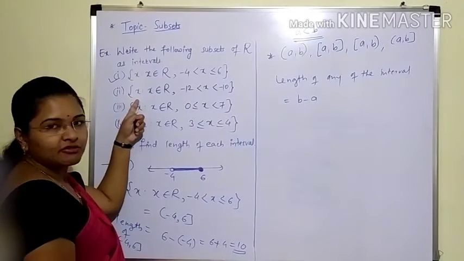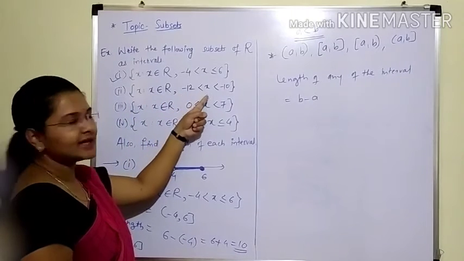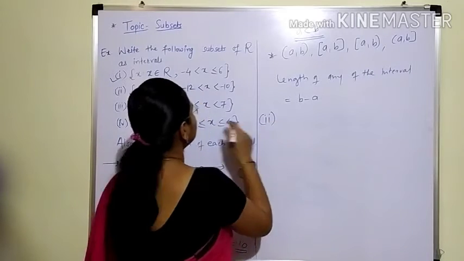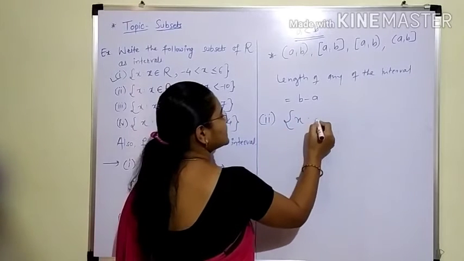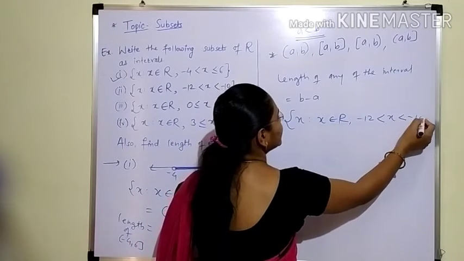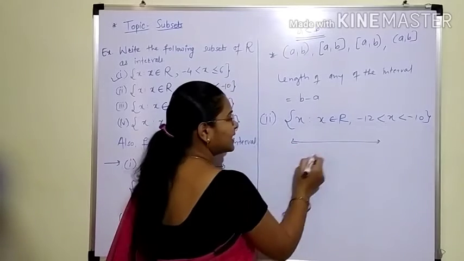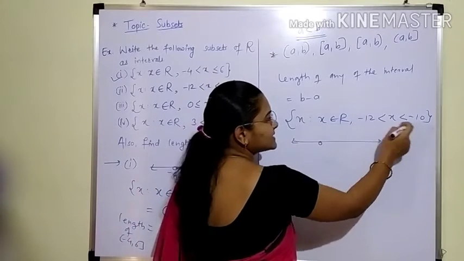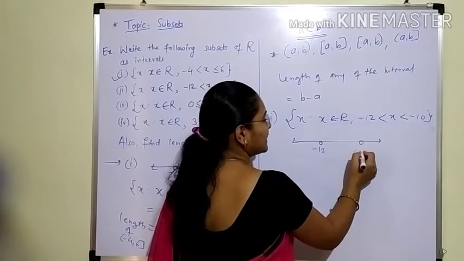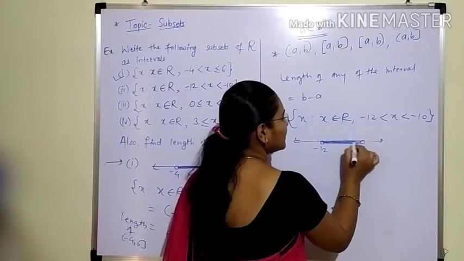Second one, set of x such that x belongs to R, -12 strictly less than x strictly less than -10. So if we draw this on a real number line, strictly less than is given, so we will not include the end points, that is -12 and -10. Only the points in between we will consider.